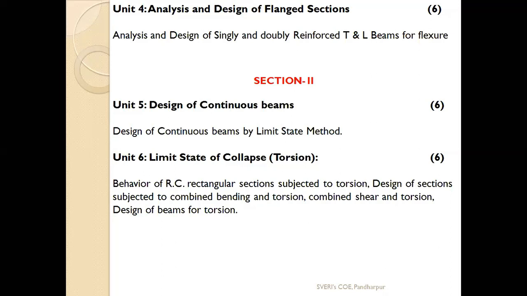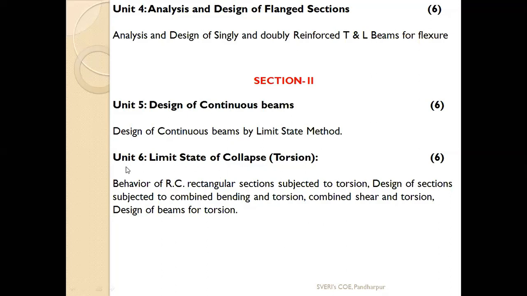So once you have cleared that concept in the second unit, how to design the continuous slab, then this fifth unit is a bonus for you, because the design steps are almost similar and the design is almost the same. So that design we will see in detail later when we come across this chapter, that is design of continuous beam by limit state method.